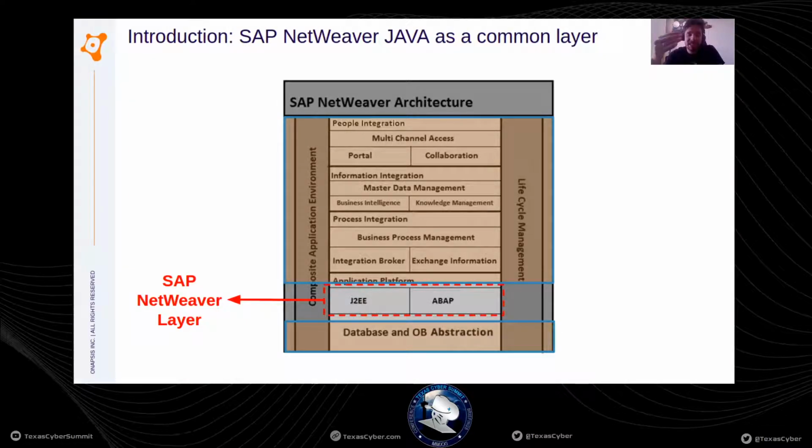In particular, the SAP NetWeaver layer could be found in two different flavors, developed in Java or developed in ABAP. Today, we're going to be focusing specifically on the Java NetWeaver layer. And here, for example, we have very well-known SAP solutions like the Solution Manager, the Landscape Manager, and the Enterprise Portal. These are some of the solutions that are based on the SAP NetWeaver Java layer.